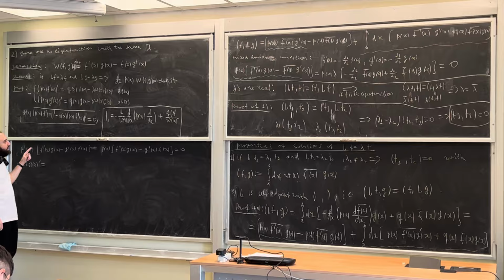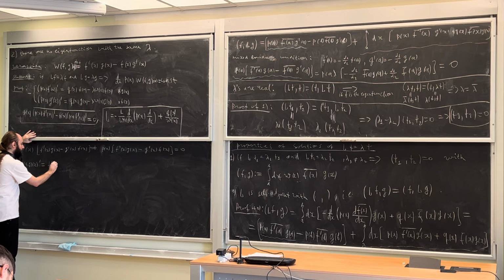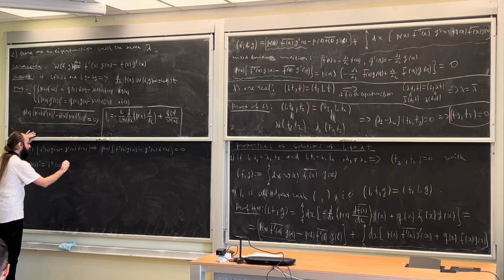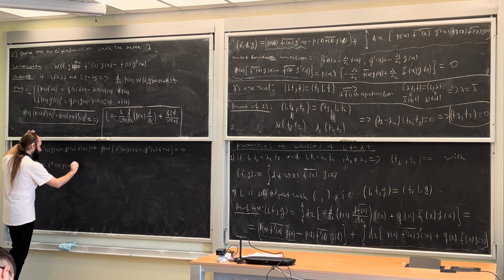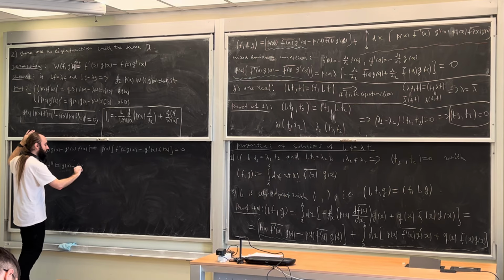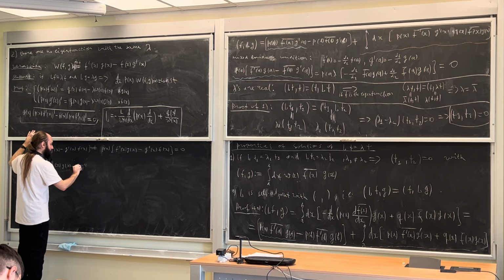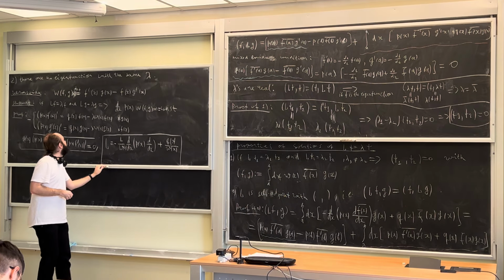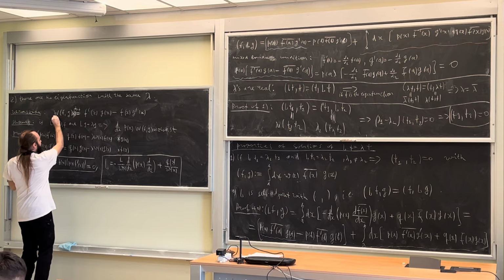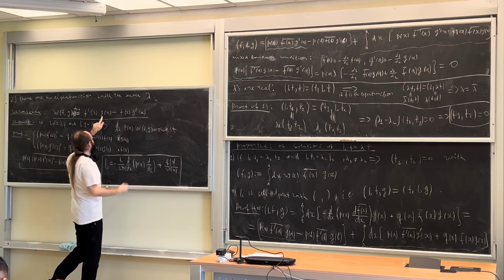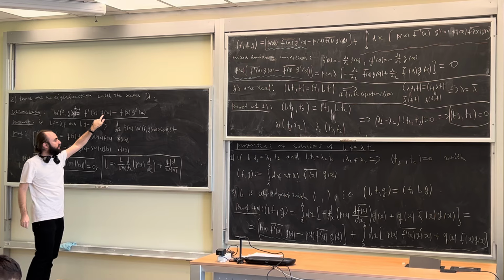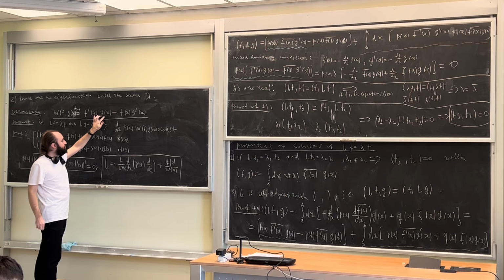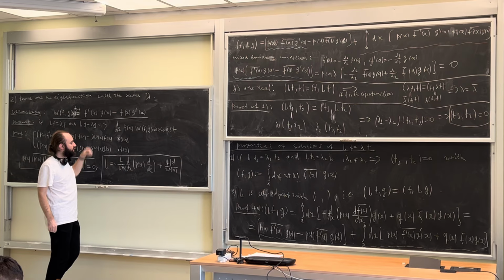We get f second derivative g minus f g second derivative, because when we differentiate the second function in each product, they become f prime g prime, f prime g prime, and this cancels.